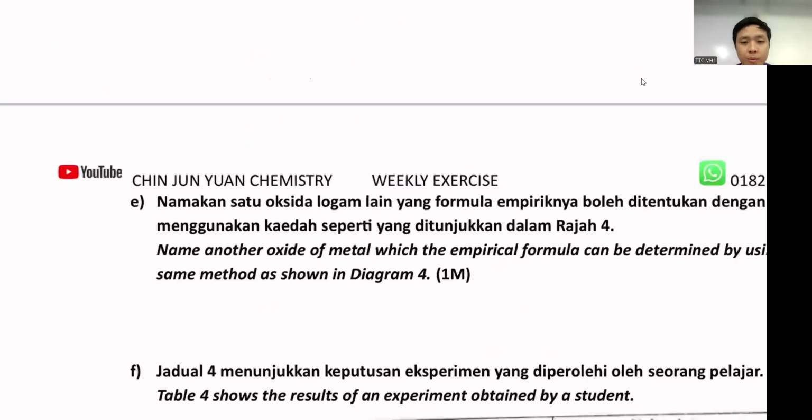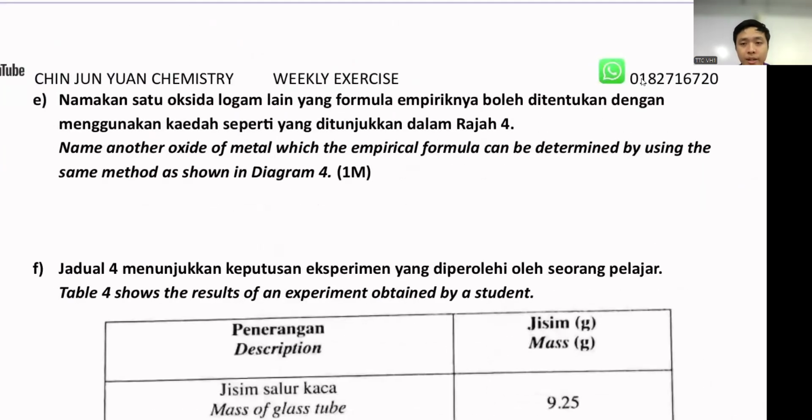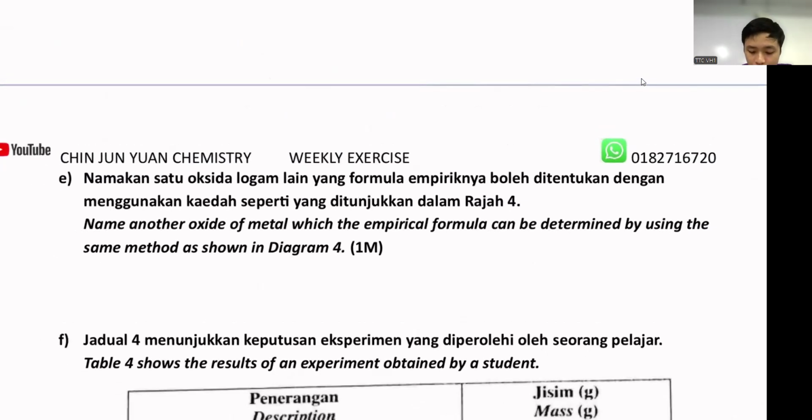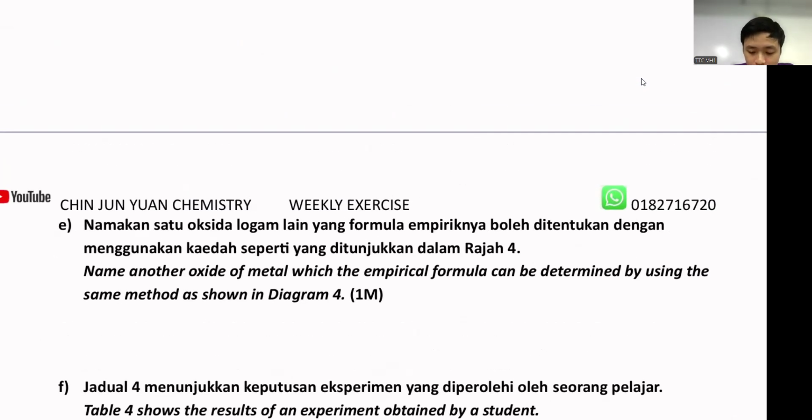Name another oxide of metal whose empirical formula can be determined by using the same method as shown in the diagram. So let me write down the reactivity of metals.